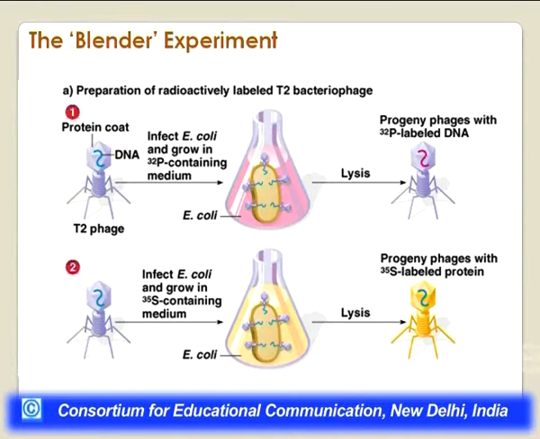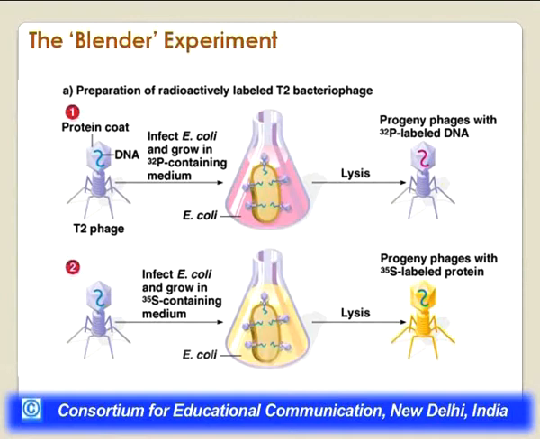So they prepared these radioactively labeled bacteriophages by growing the bacteriophages in either P32 containing medium, which is radioactive phosphorus, or S35 containing medium, which is radioactive sulfur. If the bacteriophage is grown in a P32 containing medium, then the DNA is labeled by this radioactivity.